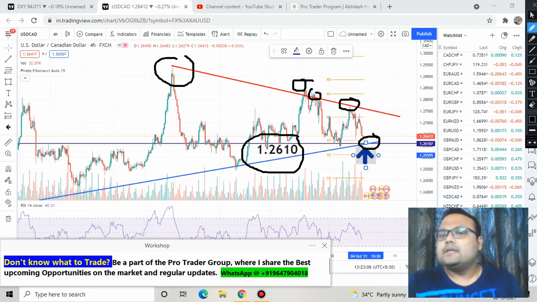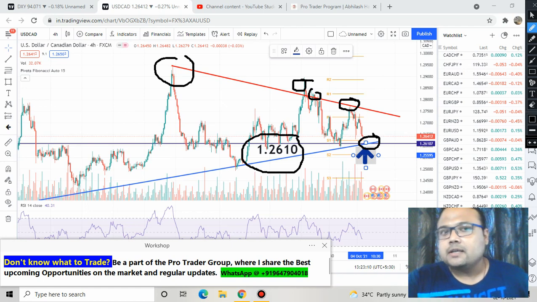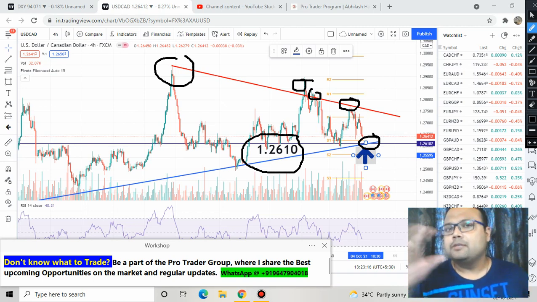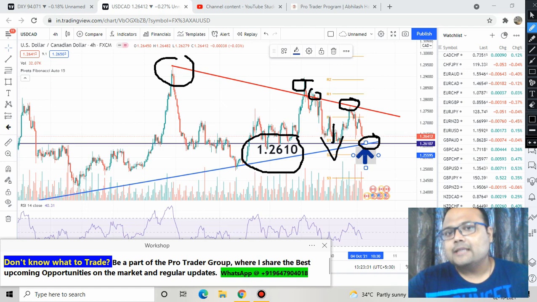Previously this was a very strong support, but right now we cannot consider it a very strong support, because the market has been testing this level for quite some time, and there is a possibility of a breakout towards the downside. The market may break this support as well, because it is constantly forming lower highs.